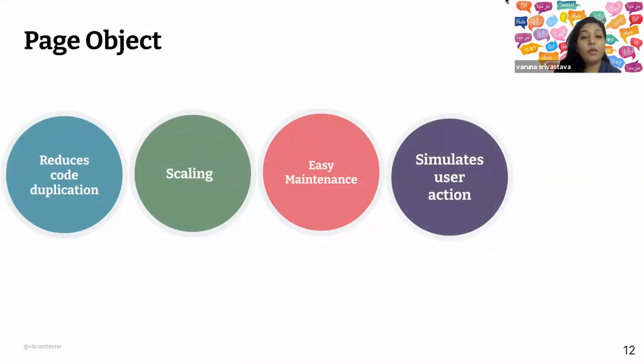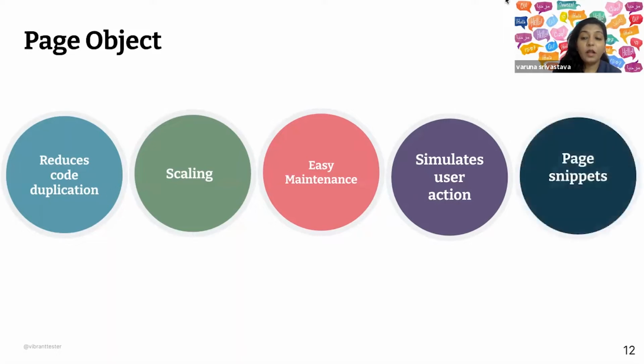As a user, what all actions I'm performing on a page is what we'll cover in our page objects. Page snippets. This is something I've seen: people eventually see that if I'm on a home page, that home page would be my page object, and we forget about the snippets of the pages.